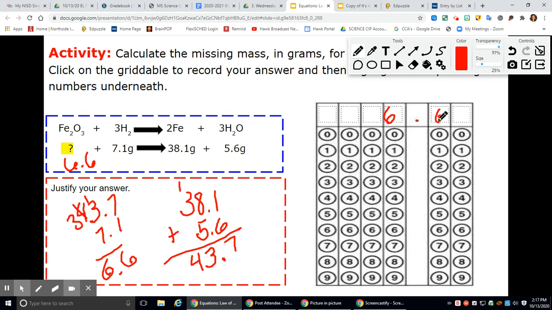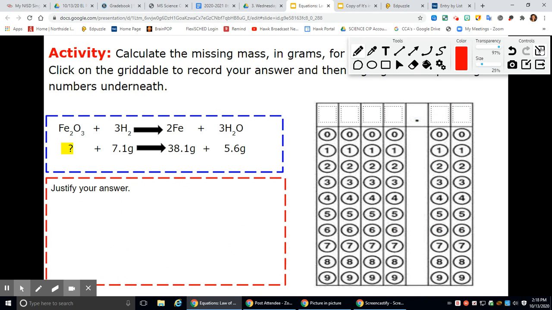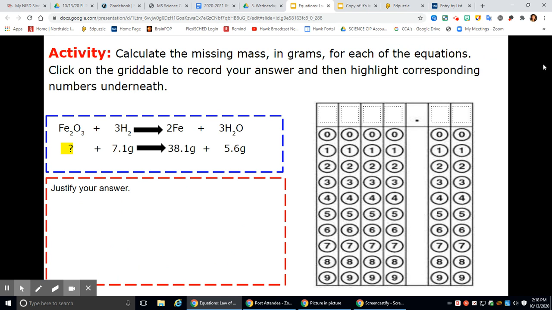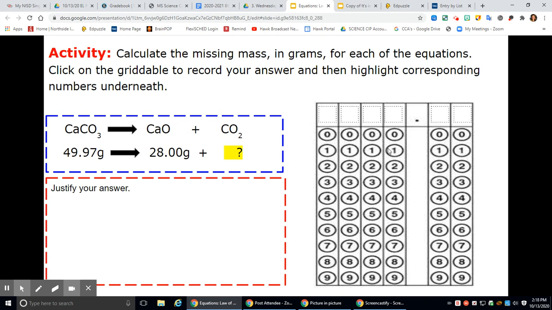And let's go over here and bubble that in. And we can go to our next problem.